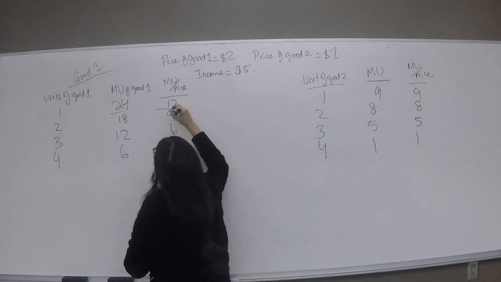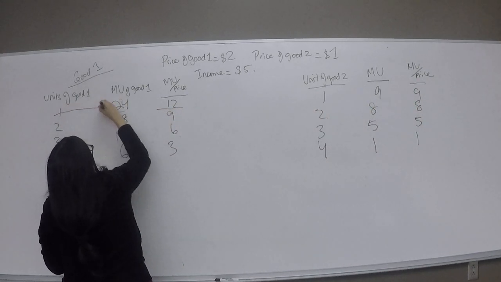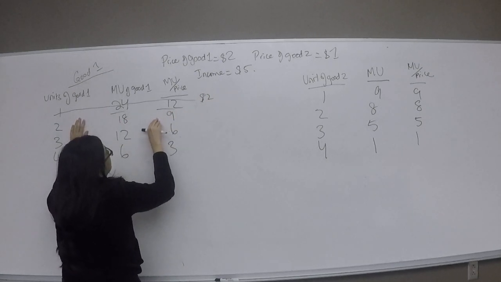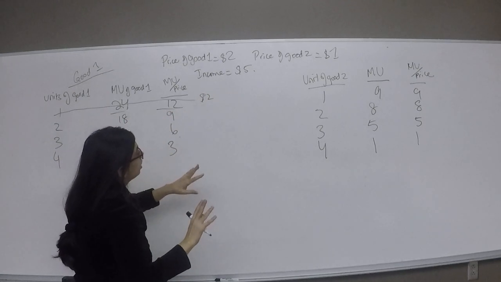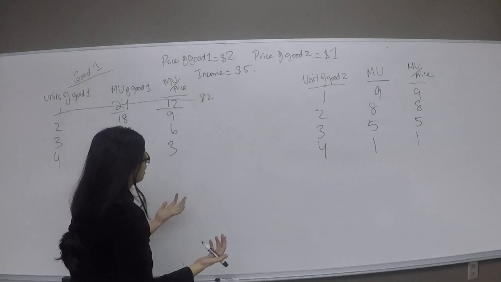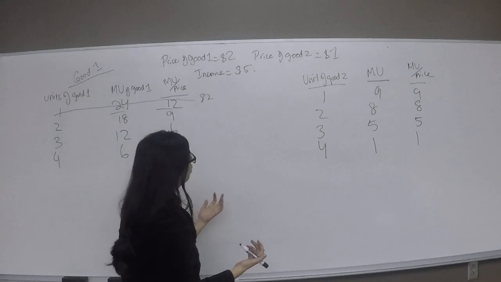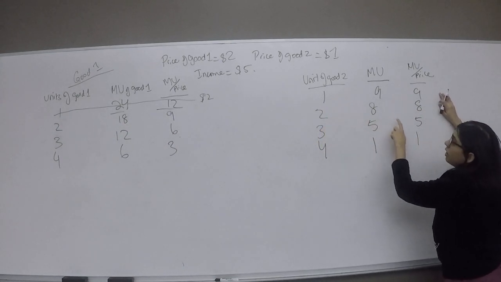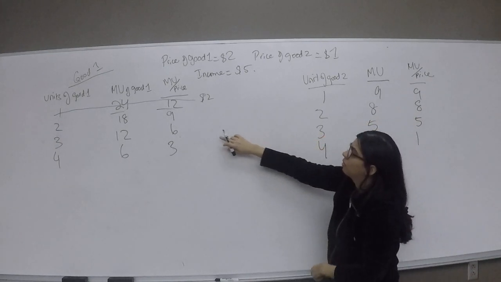So your first $2 is spent on good one. Now you still have $3 left. For the next $3, what are you going to spend on, good one or good two?